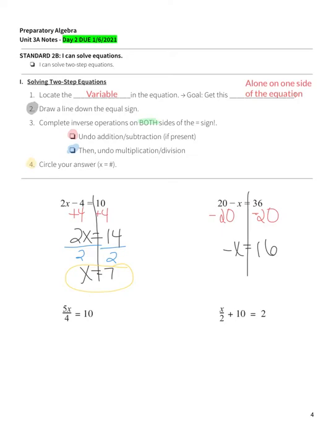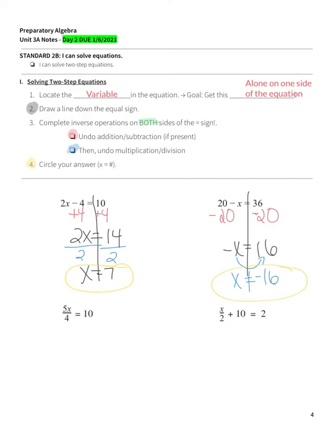Now we can see we have negative x is equal to 16, but we want to know what x is, not negative x. So when we have a negative variable, all you have to do is switch the signs. So if you look right here, this becomes a negative 16, and this becomes a positive x, and that is your solution.